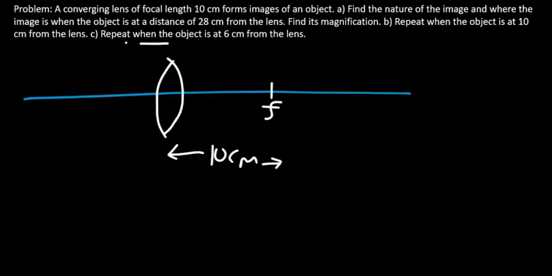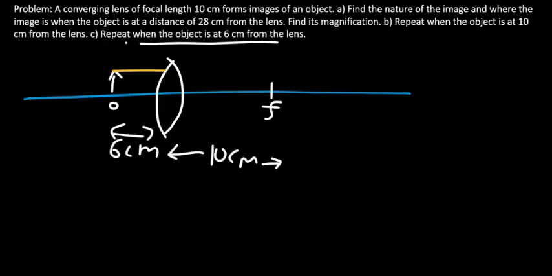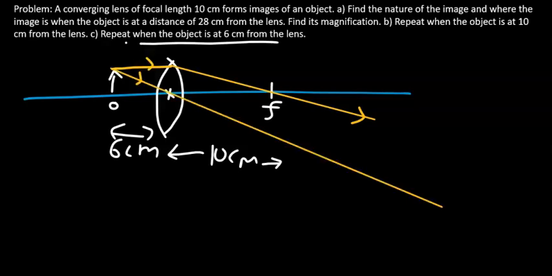Now part C, repeat when the object is at 6 cm from the lens. So now the object is here, and the distance is 6 centimeters. So let's construct the first ray like that, and the second ray through the center of the lens like that.